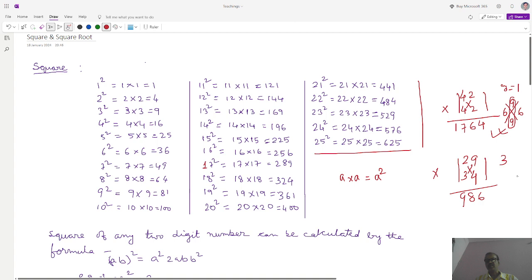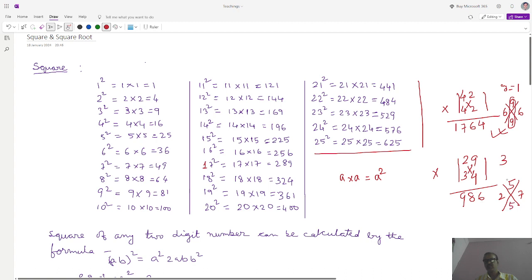I am checking by this method. 2 plus 9, 11. 11 means 1 plus 1, 2. So there is 2. 3 plus 4, 7. 2 into 7, 14. 14 means 1 plus 4, 5. Then 9 plus 8, 17, plus 6, 23, which gives 2 plus 3, 5.